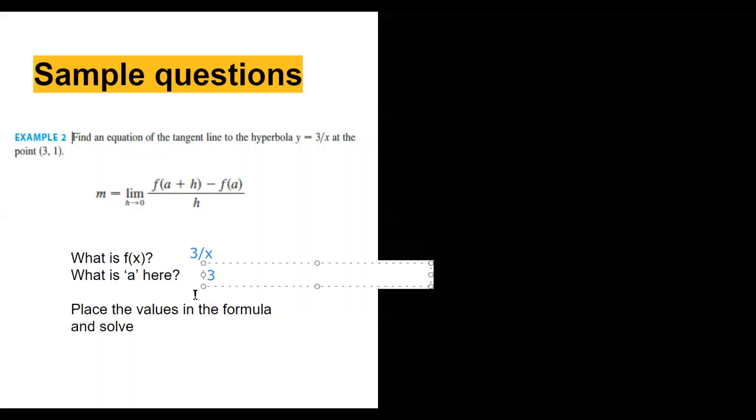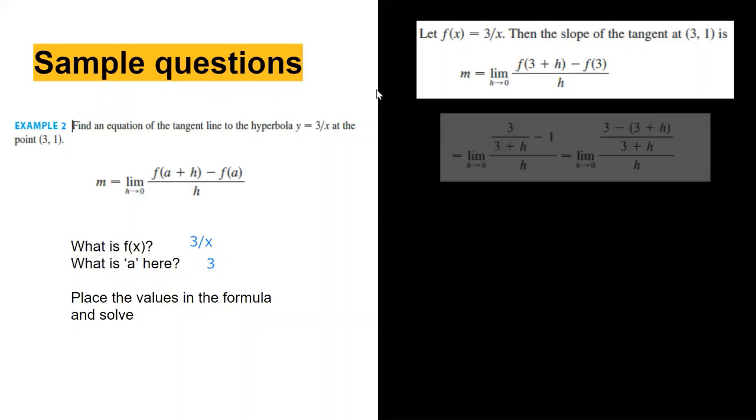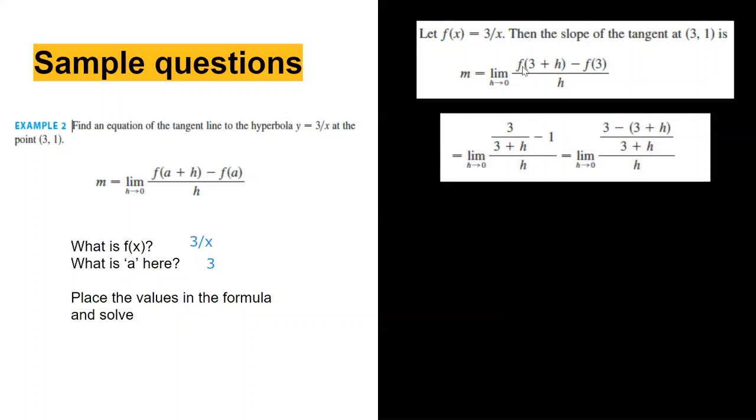Now, we'll plug these two infos in the formulas and solve it. So this will look like the following, where I replace them. I have first put the input values of 3 everywhere, and then I'll put the function, which is 3 by x. So instead of x, I'll put the given values 3 plus h in this case, and 3 by 3, which turns to 1 in this case.